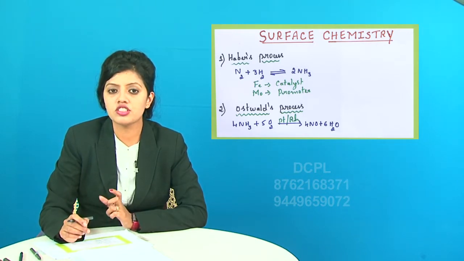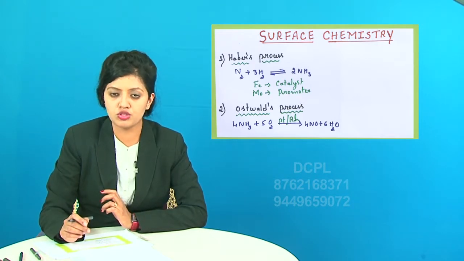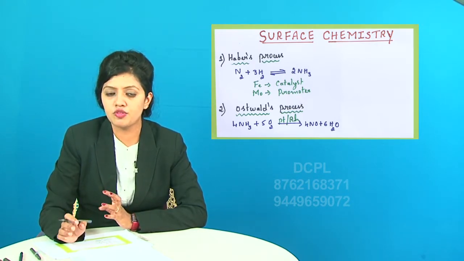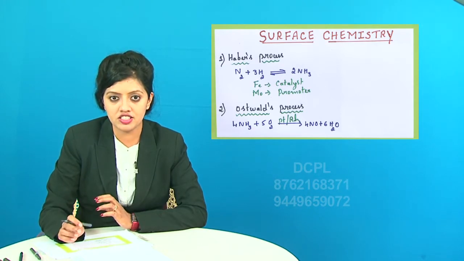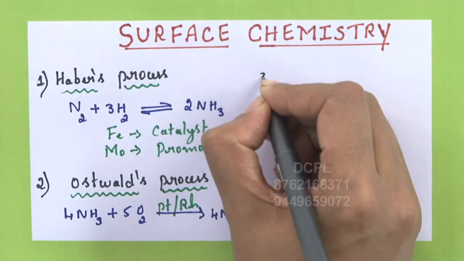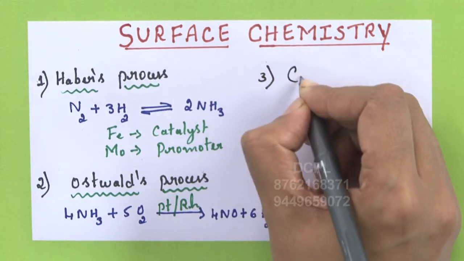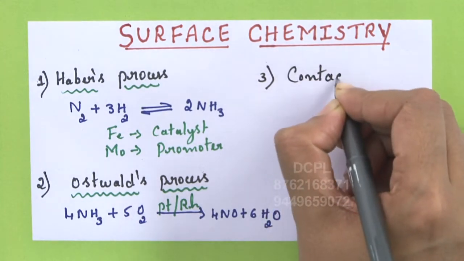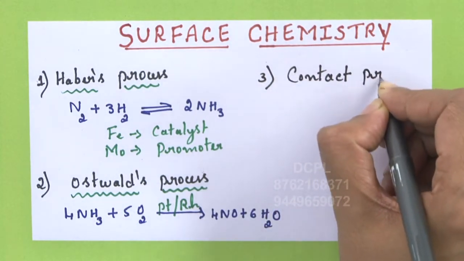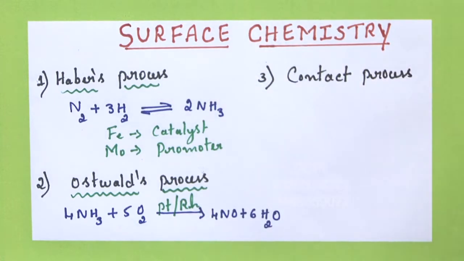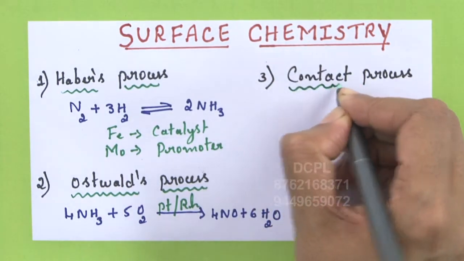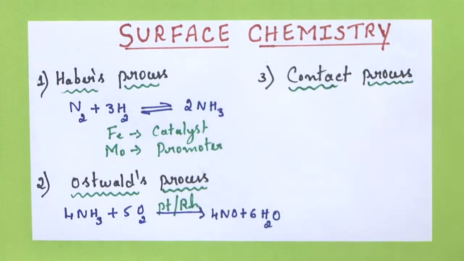Moving on to the final important manufacturing process is the contact process. The contact process involves the manufacture of sulfuric acid. Again, this process also involves 3 steps, but we will be focusing on the key step of the reaction, that is nothing but contact process, which is used for the manufacturing of sulfuric acid.